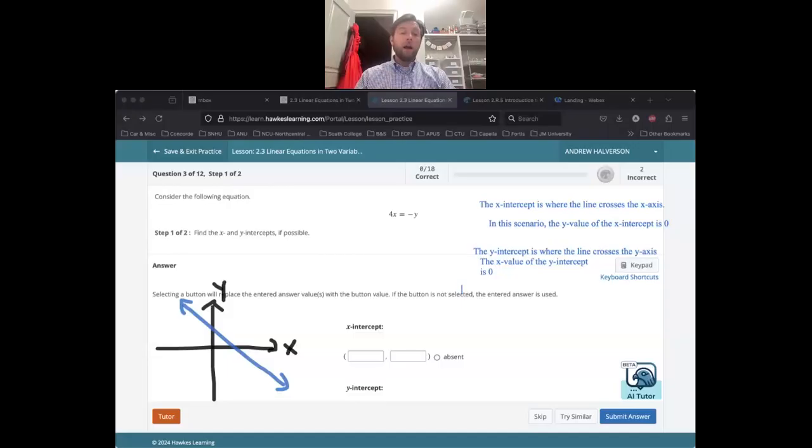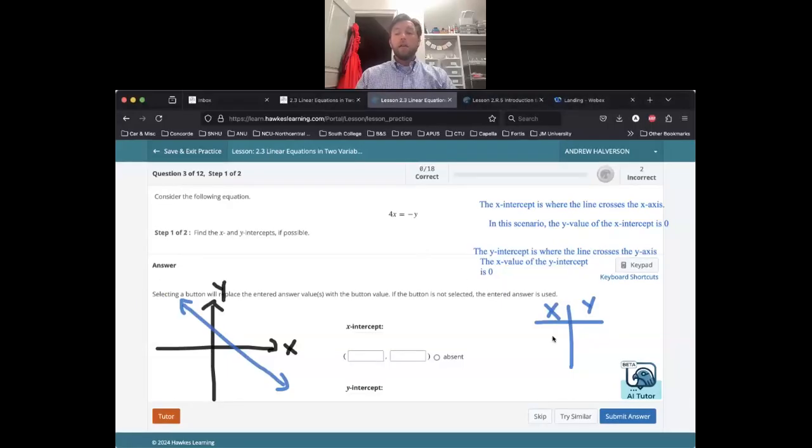So with that in mind, now we take a look at this. They want us to find the intercepts of this equation. How are we going to do that? Well, we're going to pick a value for x and pick a value for y. What value?